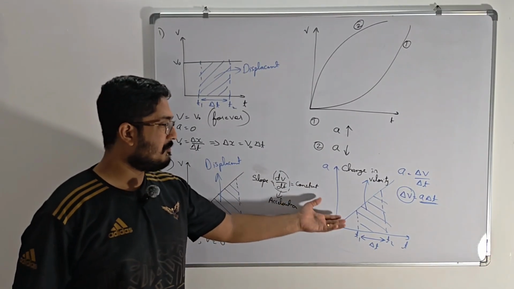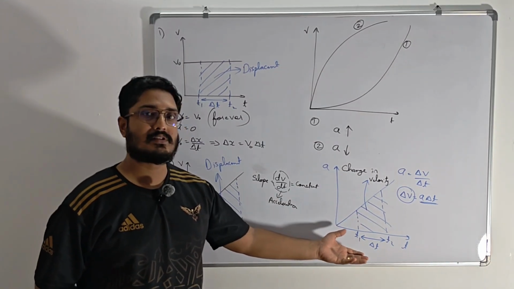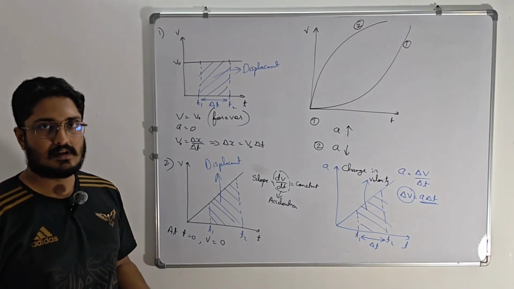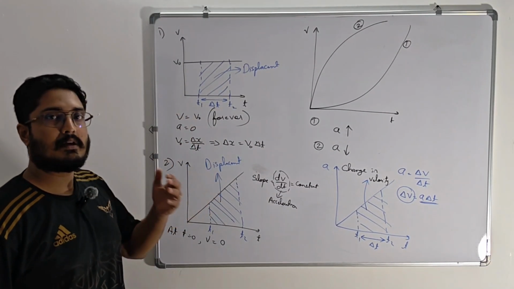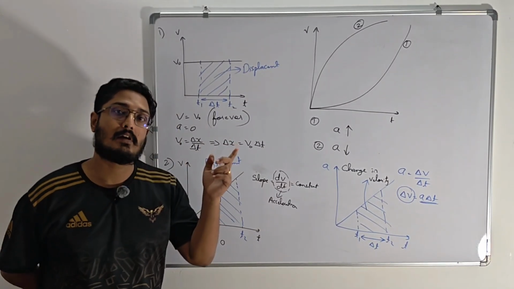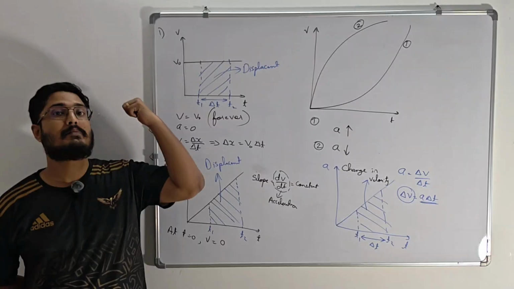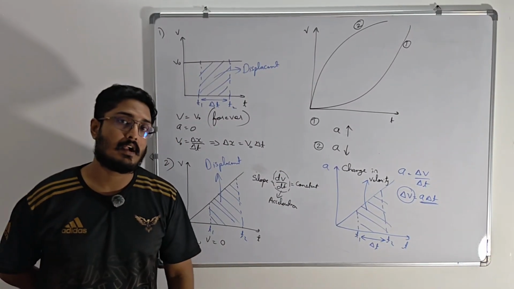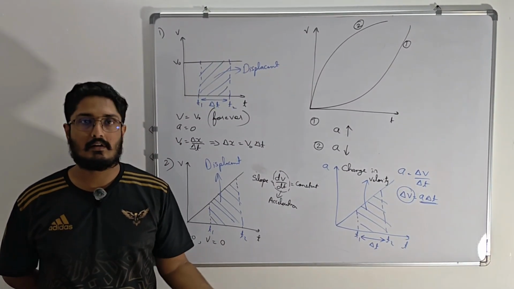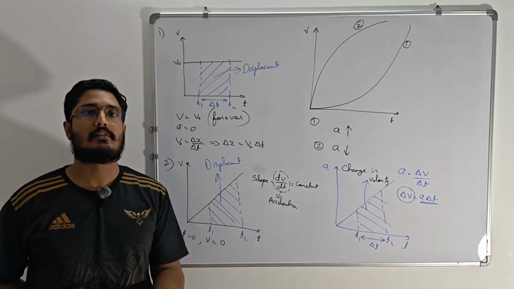That means the slope of the acceleration versus time graph has no meaning for us. But in the velocity versus time graph and displacement versus time graph, the slopes have meaning, right? Similarly, if you go to the displacement versus time graph, what's the meaning of the area under the curve? There's no meaning. Displacement into time, we are studying nothing like that.